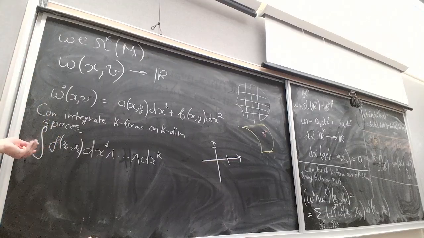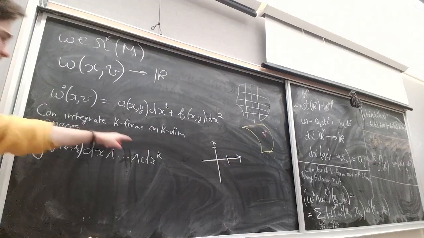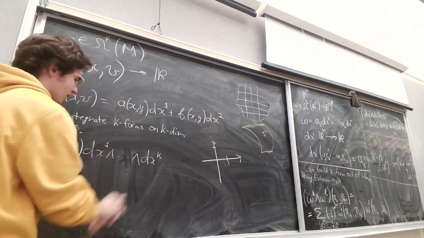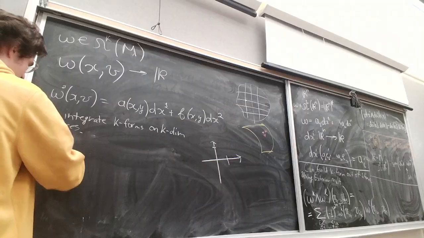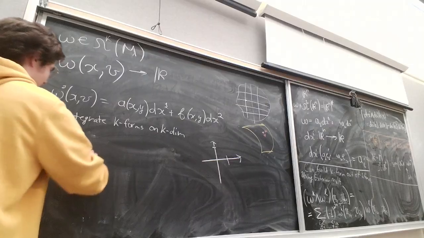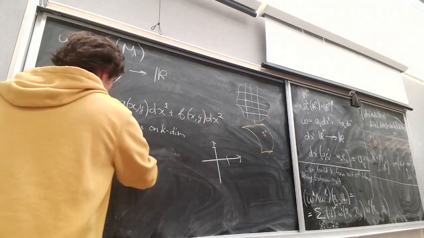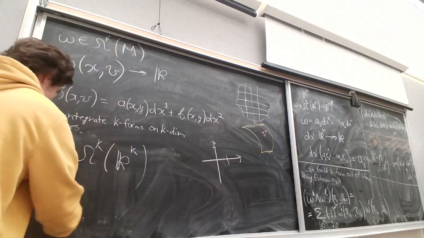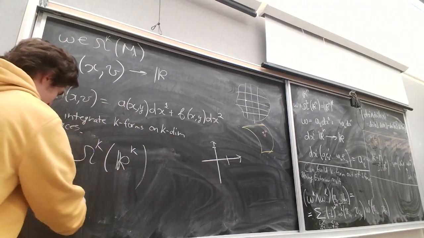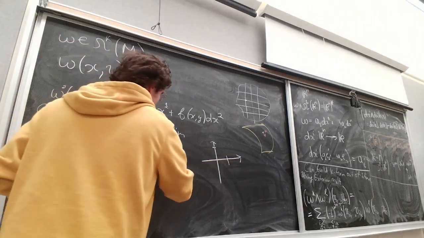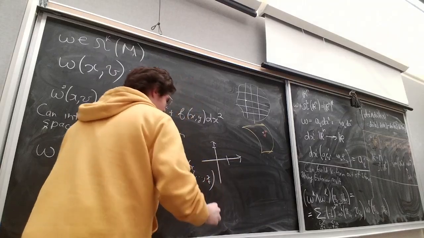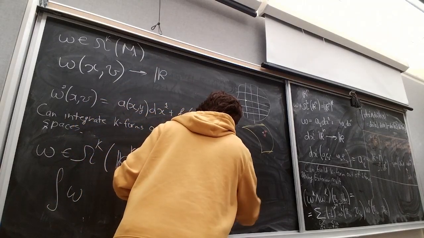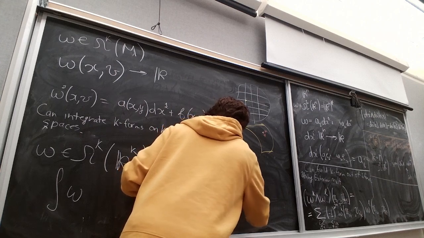But do we know how to integrate this? Do we know how to integrate this in principle? It looks like we know it. So we will define: if omega is a k form on a k-dimensional space, then we will define its integral over some region. So this means omega is f of x1 through xk dx1 wedge through dxk.